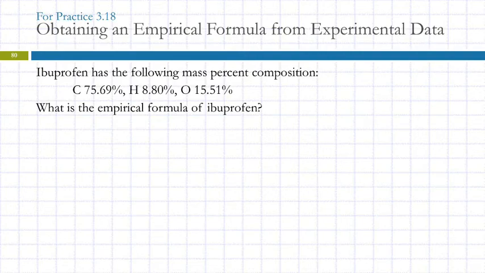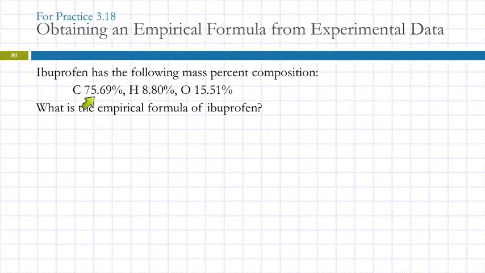Here's a percent composition problem. Ibuprofen has the following mass percent composition. What's the empirical formula? Well, we could look on a previous slide and see the formula, but the point here is to learn how to do the problem.